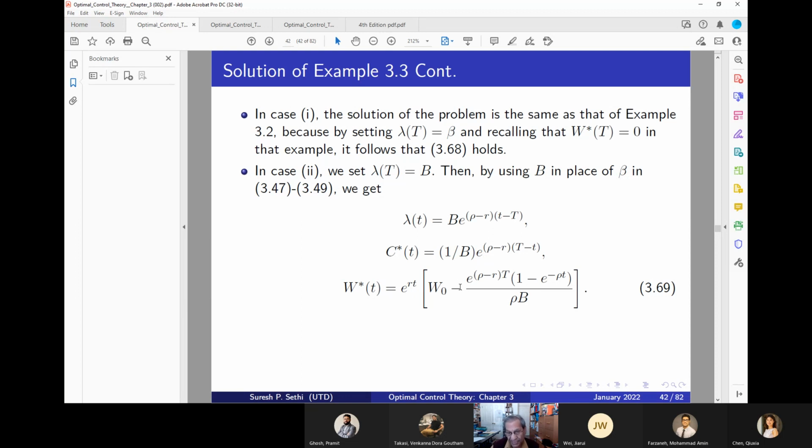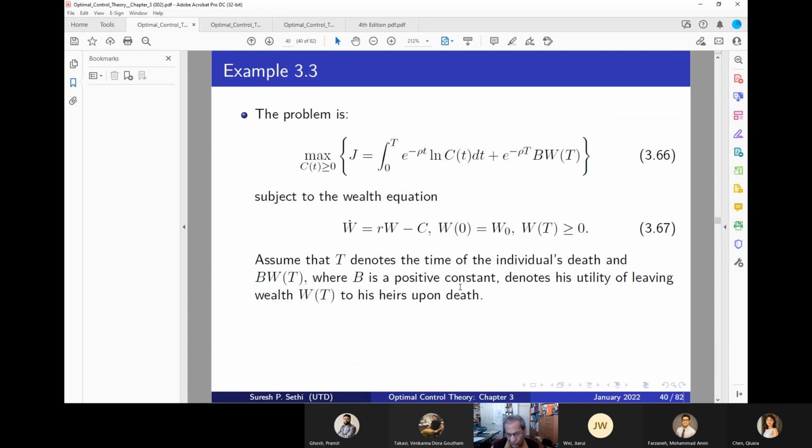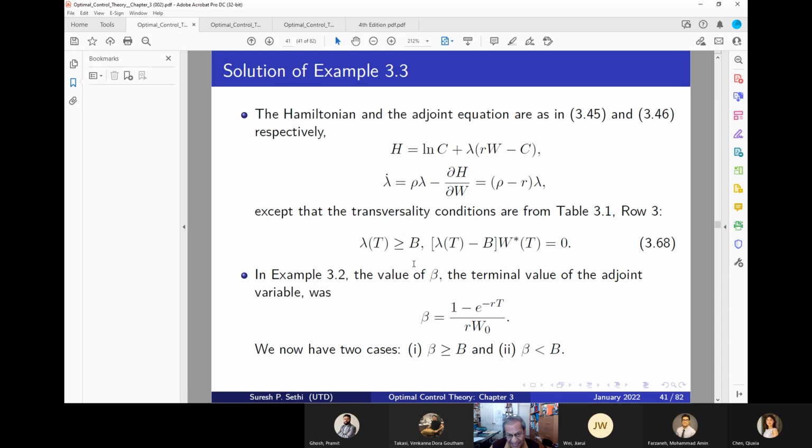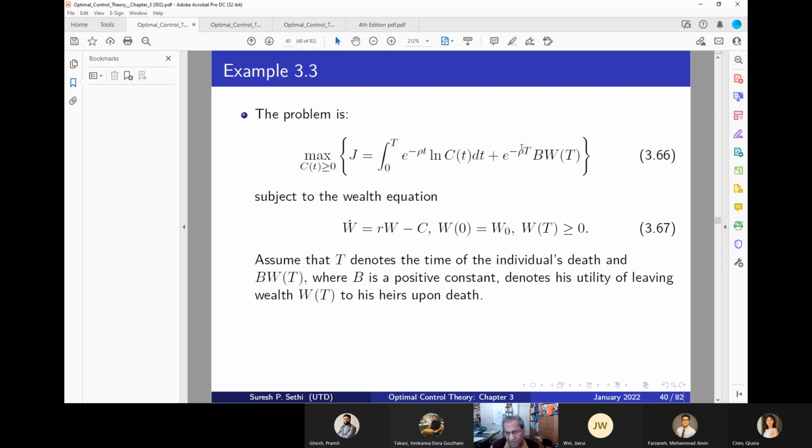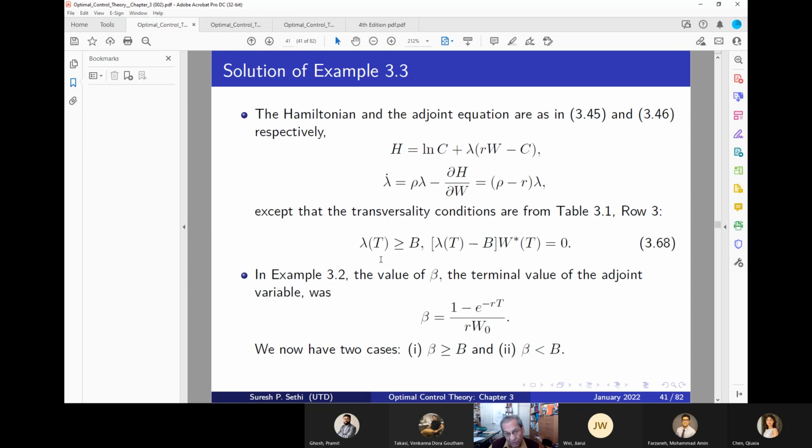So what I'm trying to say is that in case 2, when B is sufficiently large, then I set lambda t equal to B. If I set lambda t equal to B, then I have a 2-point boundary value problem with B, and whatever WT I get is the WT I get, because that's free. It's free as long as it's above 0.